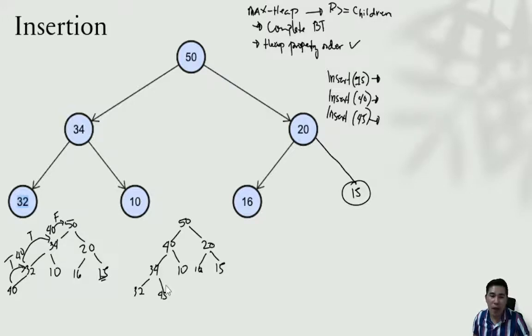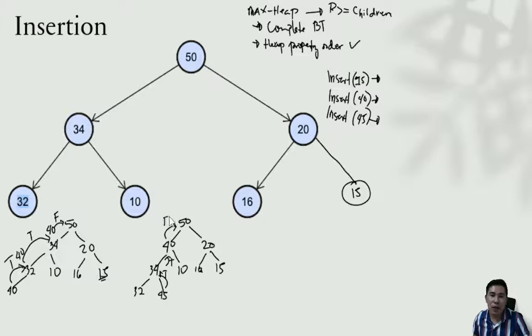Okay, so this process is what we call percolation. So we compare 45 to 34. Is it greater than 34? That's true. Is 45 greater than 40? That's true. So you will need to compare it again to the parents. Is 45 greater than 50?